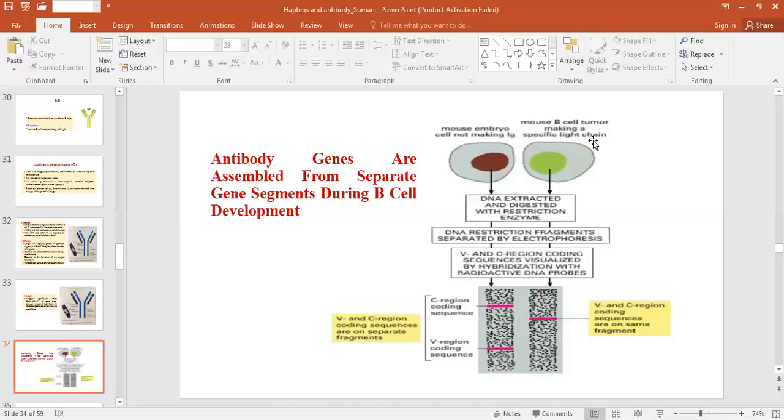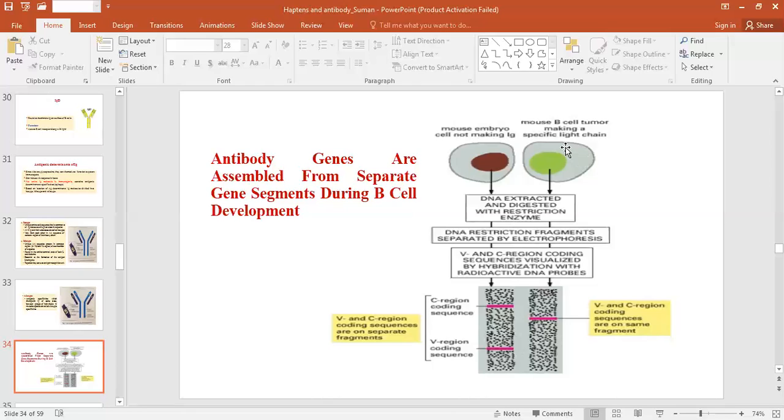So the first direct evidence that the immunoglobulin genes' DNA is rearranged during B cell development came in 1970 from an experiment in which molecular biologists compared DNA from a mouse embryo, which does not make antibody, with the DNA of a mouse B cell tumor, which makes a single species of antibody molecule.